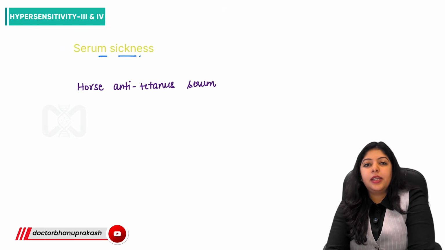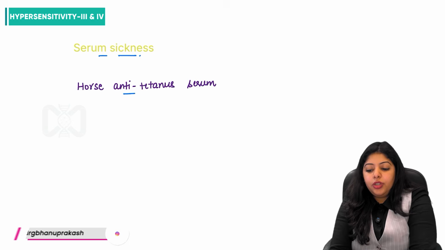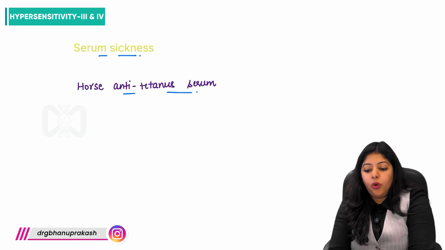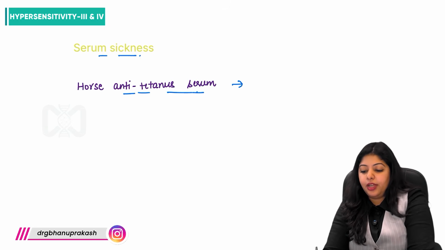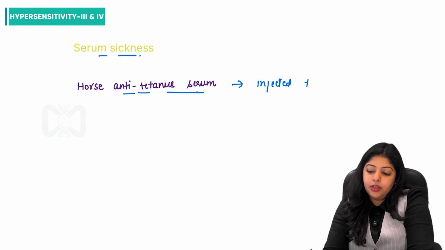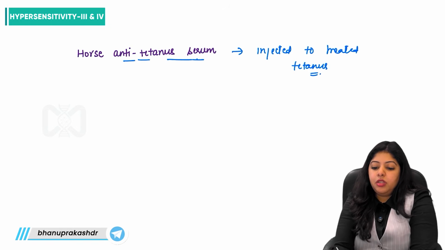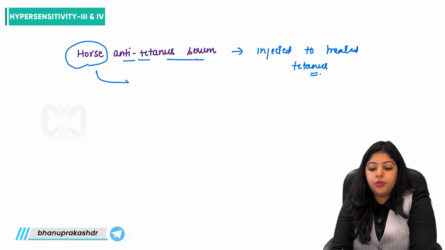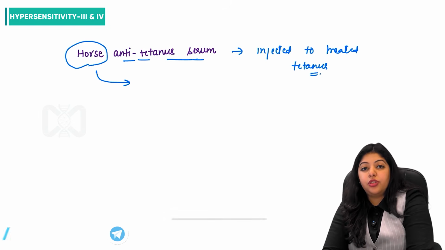Now, serum sickness was a condition which used to occur in the past where, in order to treat tetanus, horse anti-tetanus serum used to be injected into the patients, right? It was injected to treat tetanus. Because this horse serum was foreign, it produced a lot of antibodies, a lot of immune reaction used to occur.